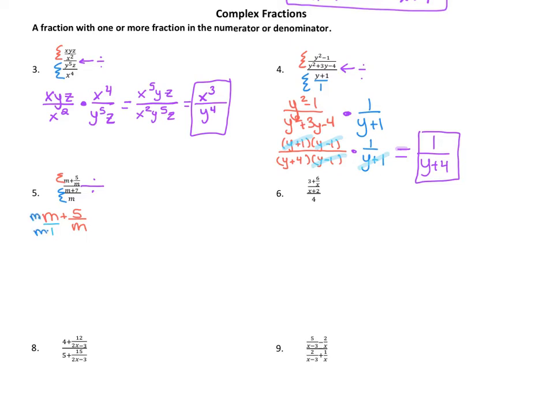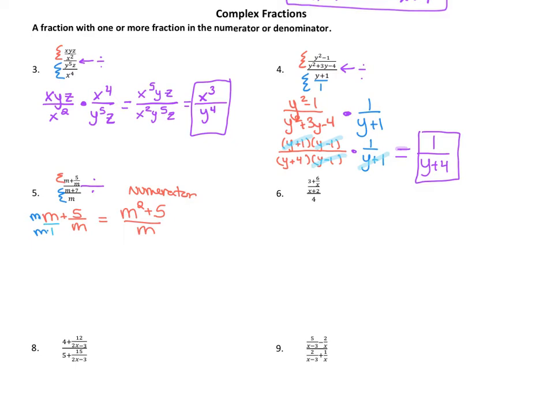So I'm going to multiply by m on the top and the bottom. So then my numerator will become m squared plus 5 all over m. Now again, this is just the numerator. My denominator is what I outlined in blue over here, m plus 7 over m.